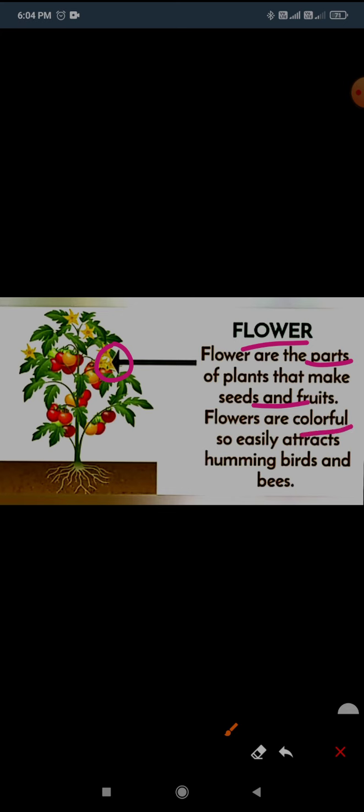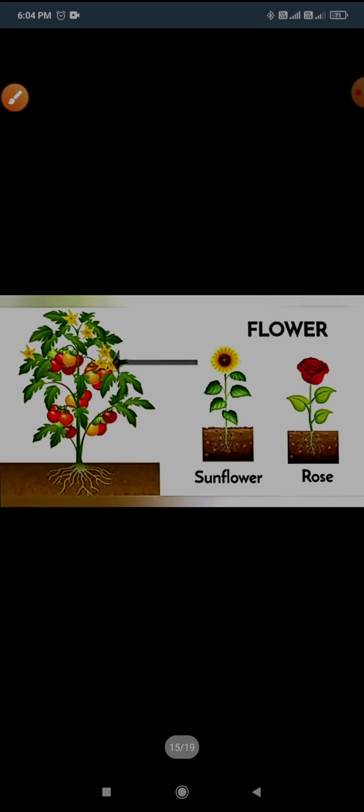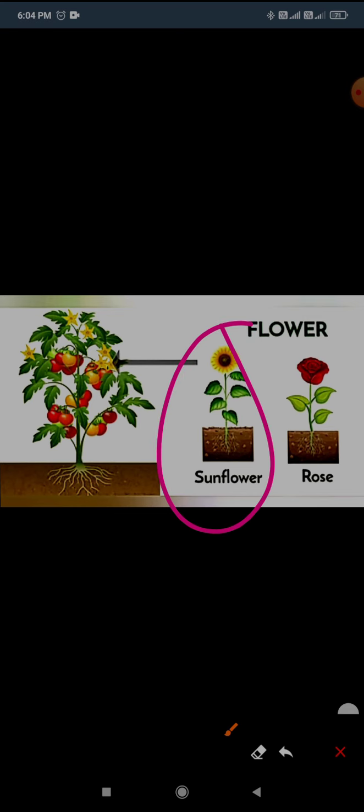Flowers are colorful, so easily attract hummingbirds and bees. And we all love flowers. Some of them like rose, some of them like tulip, some of them like marigold. So here you can see some example of flower.